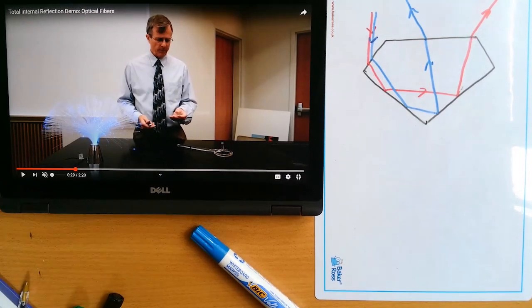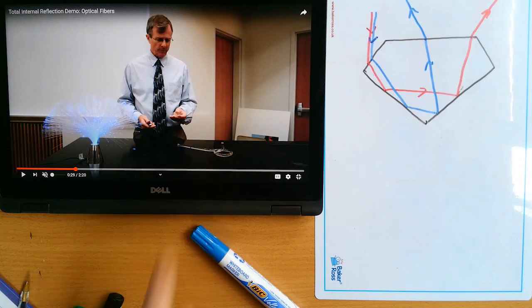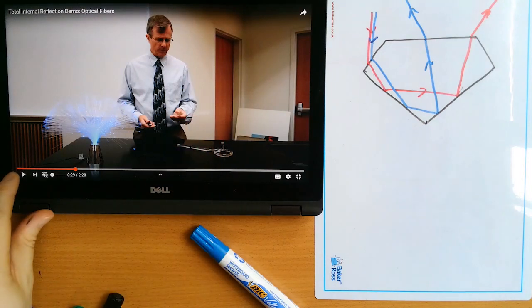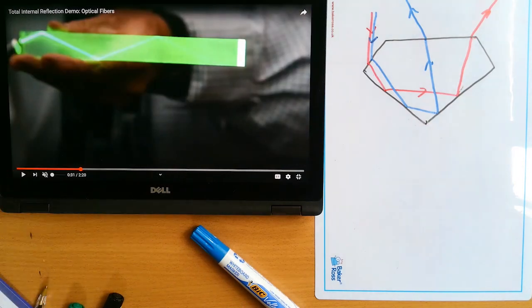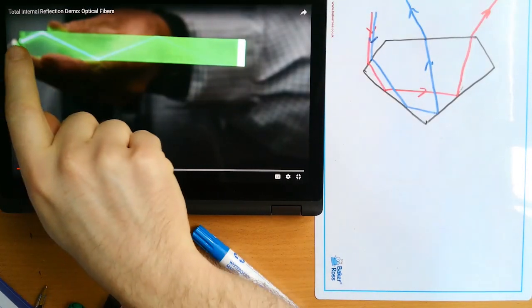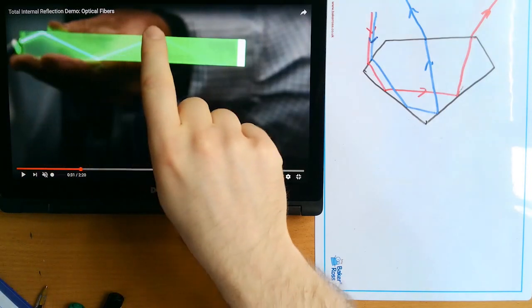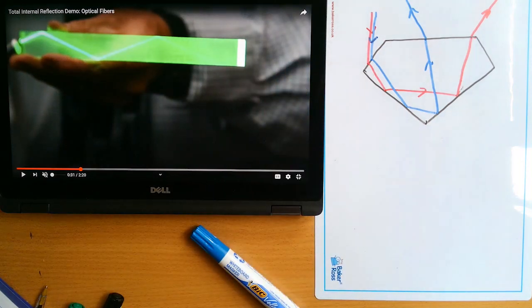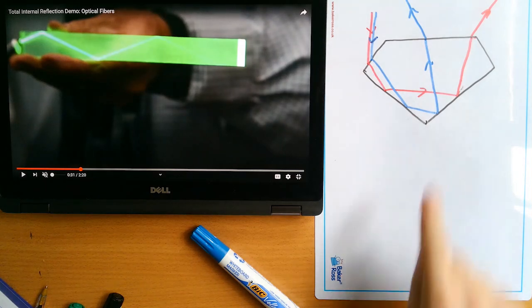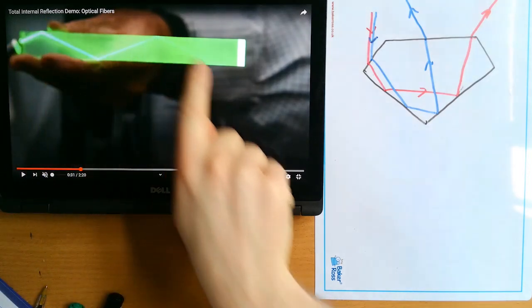He's just picked up this plastic rod here, and what he's going to do is shine a laser through it. And what you can see here is the laser light coming in, and it's reflecting, carry on down, it's going to come out this side. So this is sort of like how an optical fibre works. It's this total internal reflection happening down here, but it's happening in the object.